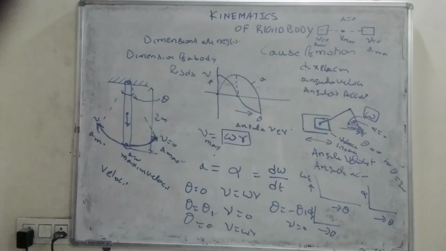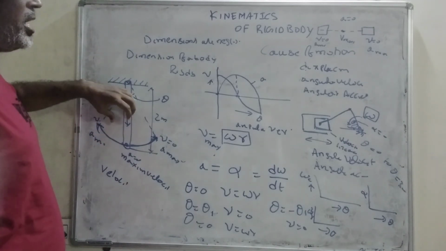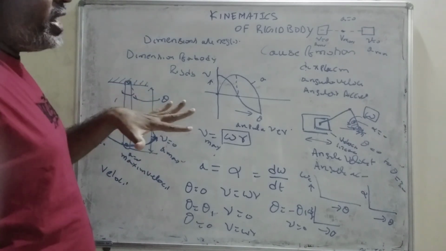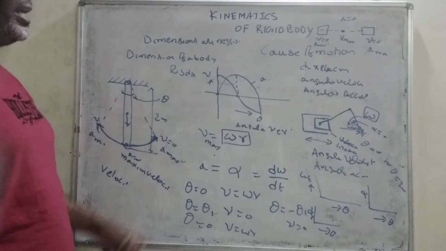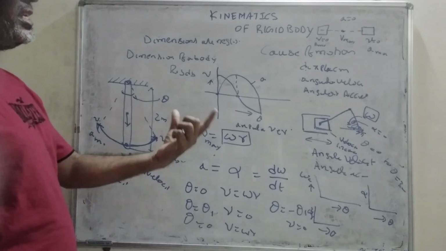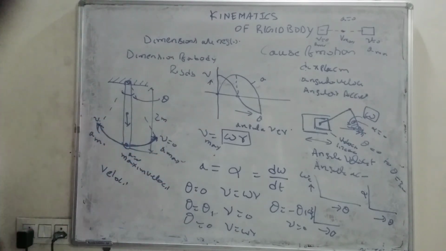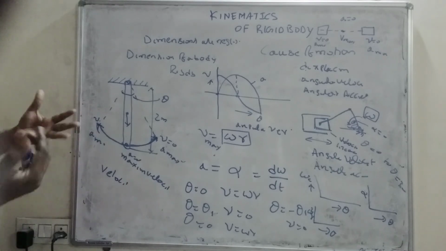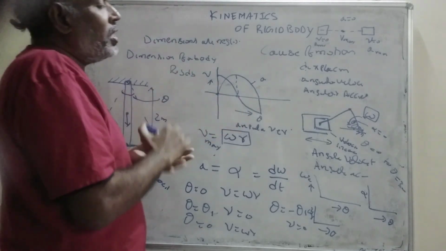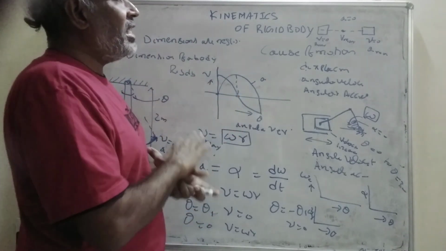So in the kinematics of rigid body, you are not talking about any mass of the bodies. It is a rigid body because it has some dimensions. The crank has some dimensions, and the connecting rod has some dimensions. The piston has some physical dimension, and the cylinder has some dimensions. So it is a rigid body, and the cause of motion, why this motion is imparted to these particular links, is not bothered.